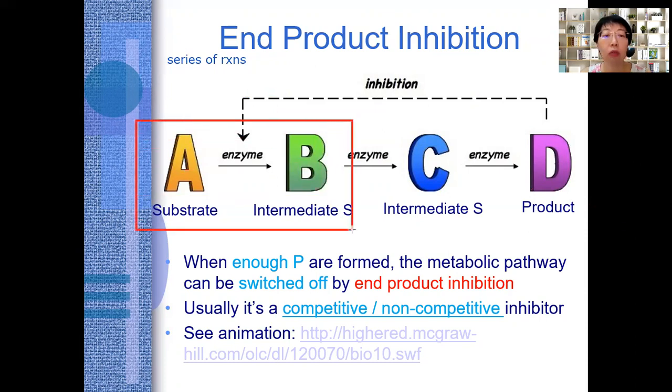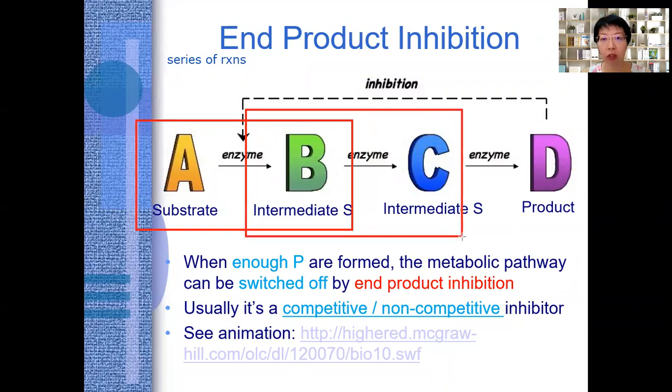This one reaction is catalyzed by this particular enzyme. And then I have a second reaction whereby B becomes my substrate converted to C. And I have a third reaction here where C becomes a substrate converted to D, the product.